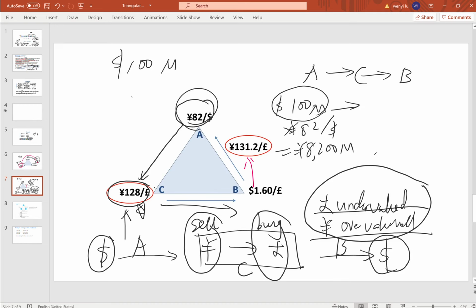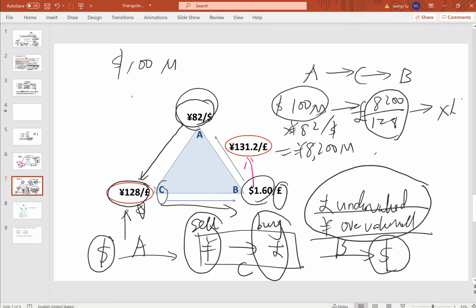And for C, we will sell the yen to buy what? To buy British pound. So we have 8200 over 128. We got what? We got British pounds. Last one, we will sell the pound to get dollars. So we have this pound times what? 1.6.